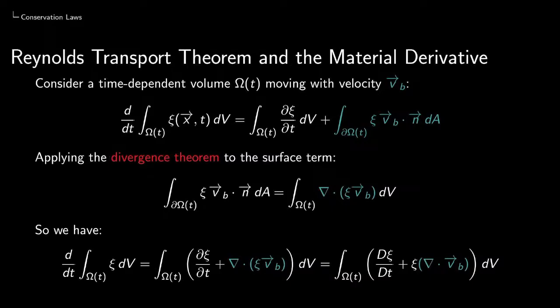But a similar idea happens with the Reynolds transport theorem. You have a time-dependent volume which moves with velocity v sub b. There is a similar surface integral that emerges. We can then apply a similar divergence theorem to it. And when we apply that to the earlier integral, we can find that the change in that quantity z with this change in volume is equal to a material derivative plus the quantity times a divergence term.